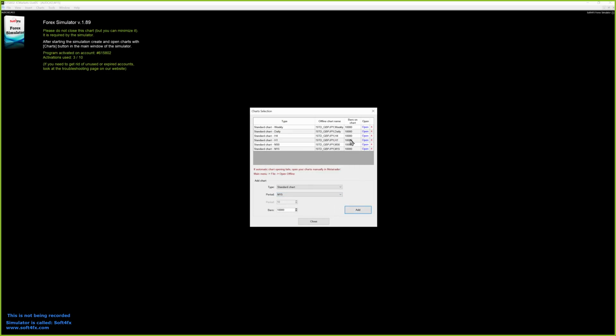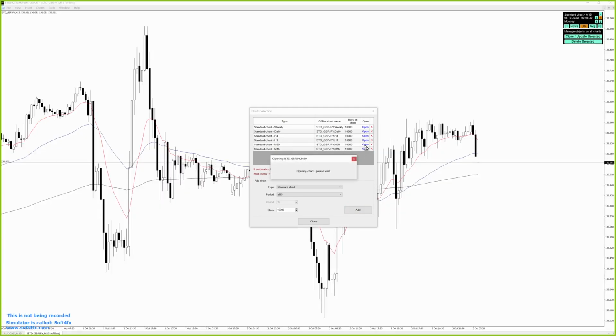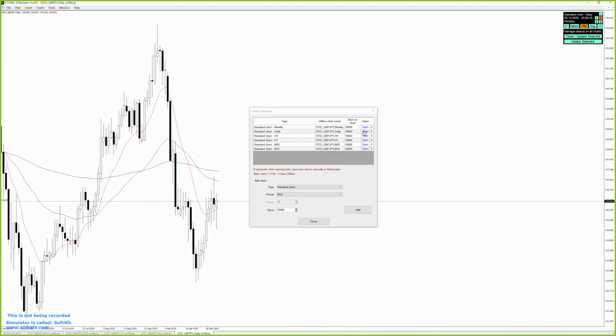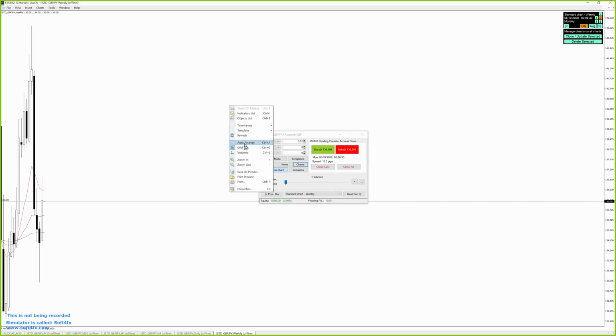That's it, right? So now once we have these charts loaded onto the system, from here we have to load them onto the screen. So we're going to open the 15-minute chart, 30-minute, and 1 hour. Oh, okay. 4 hour, daily, and weekly. Perfect. There we go. We've got our charts up.